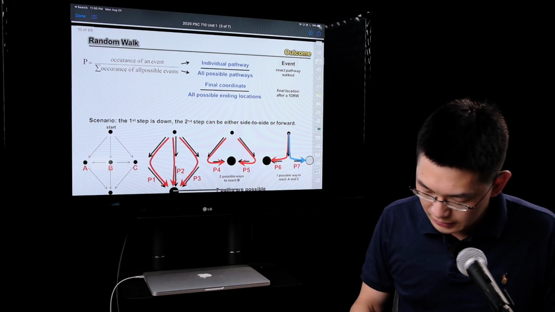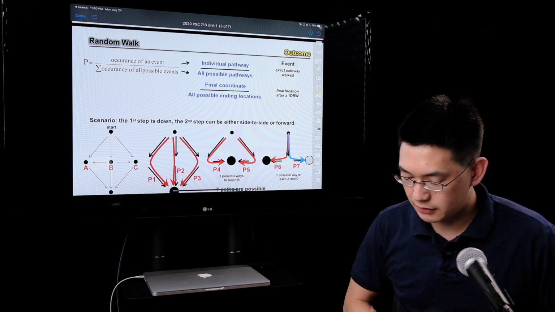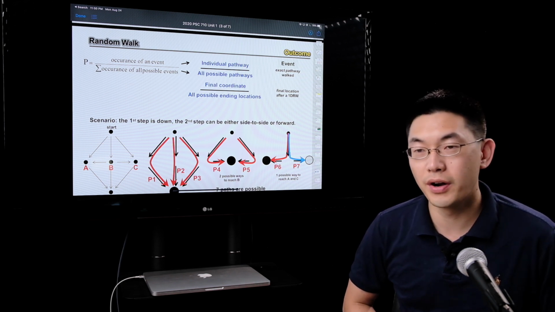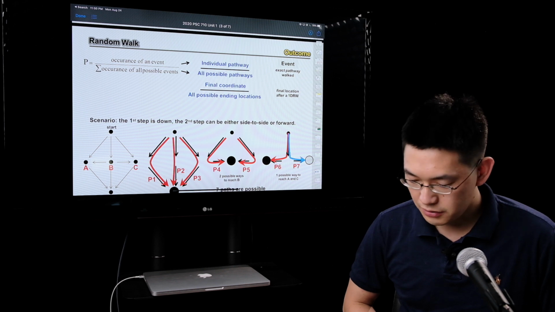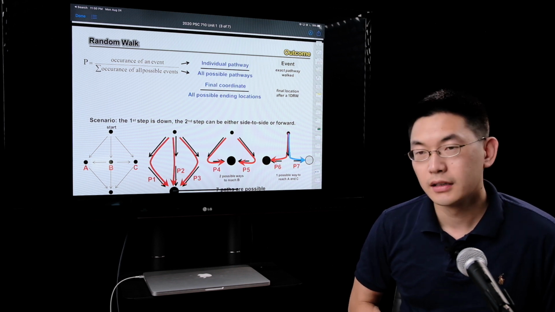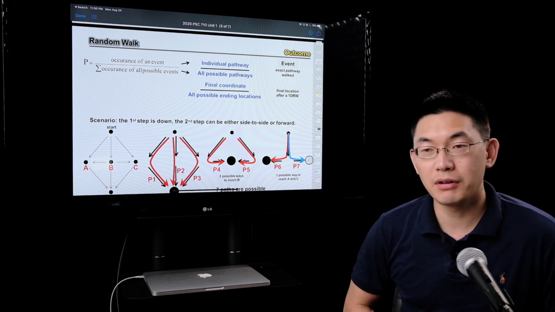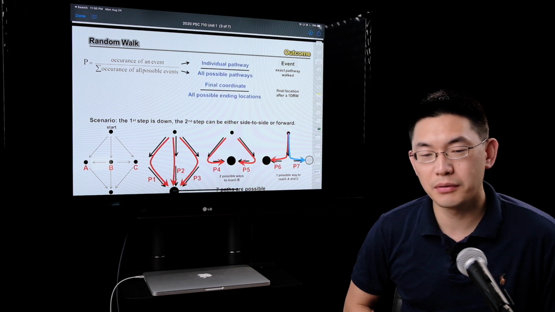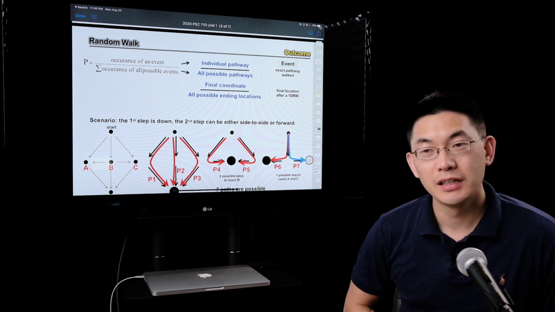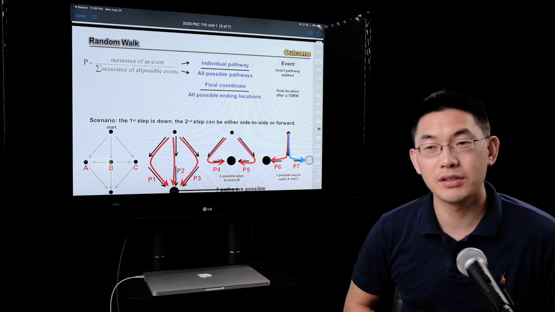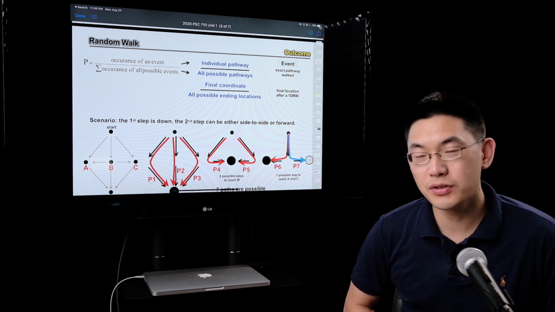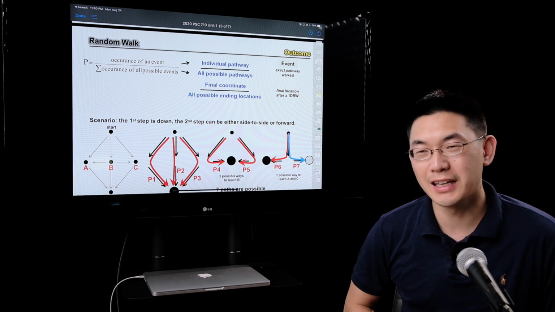So how do we actually calculate the probability of where you ended up? We're going to use a very simple case. Let's use an example: give birth to kids.